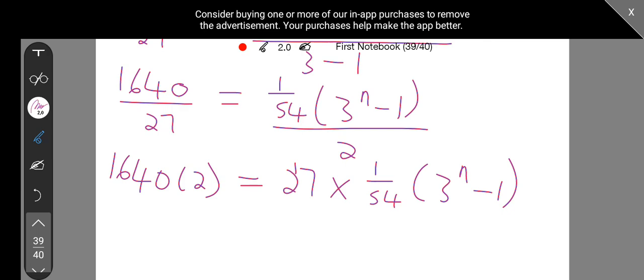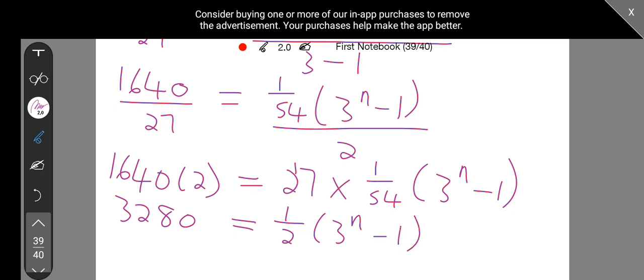So if we multiply 1640 by 2, we get 3280. So the answer here is 3280. It's equal to, what is 27 multiplied by 1 over 54? That gives us 1 over 2 multiplied by 3 to the power of n minus 1.